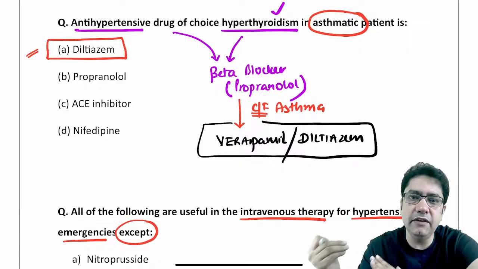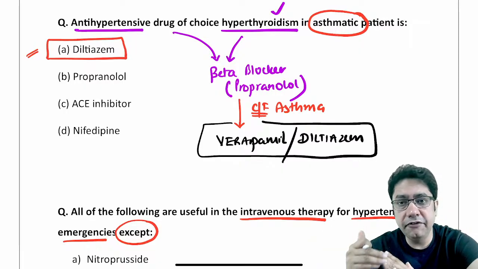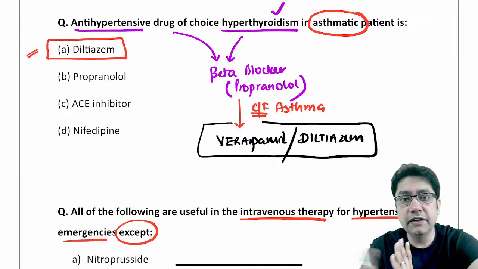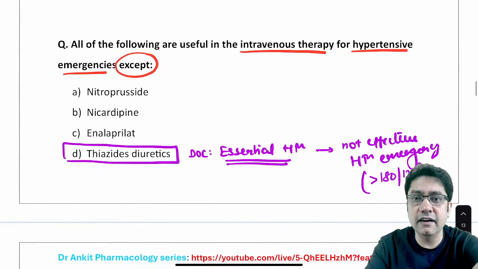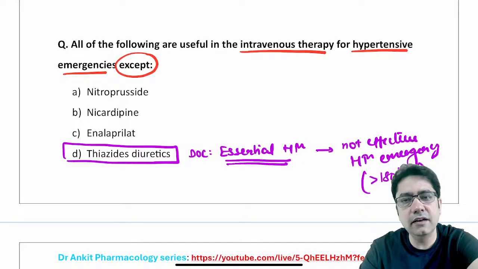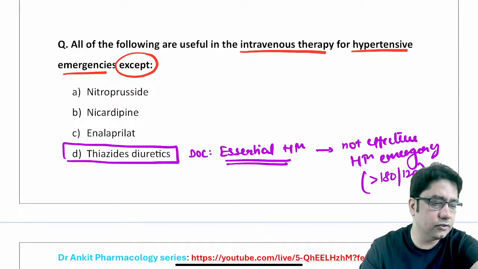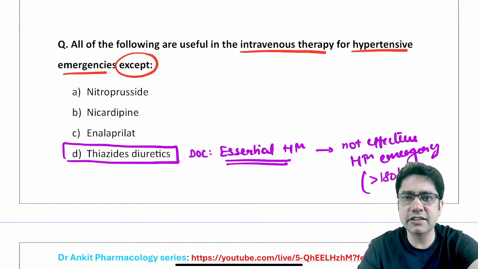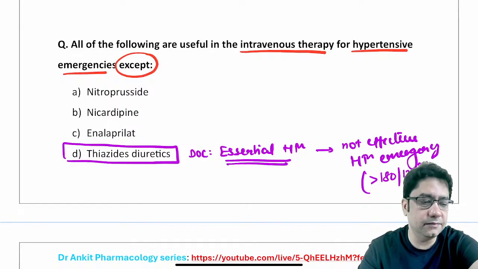It will reduce peripheral blood pressure, but nifedipine itself causes reflex tachycardia. Because nifedipine causes reflex tachycardia, it itself will lead to cardiac arrhythmias. It will increase cardiac arrhythmia. That is why we don't give nifedipine in hyperthyroidism. I hope you have understood. One student was asking, I hope you have understood. Reflex tachycardia will further aggravate arrhythmia.